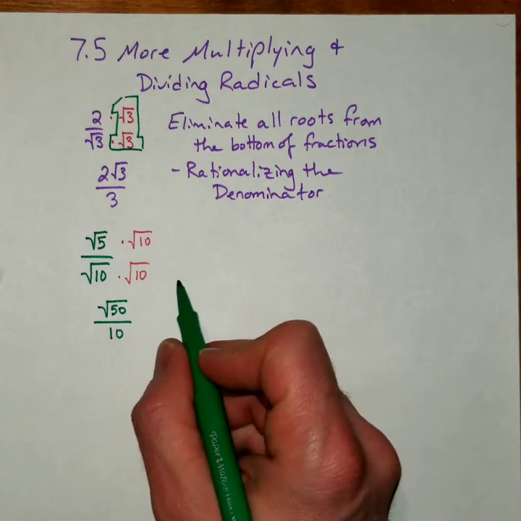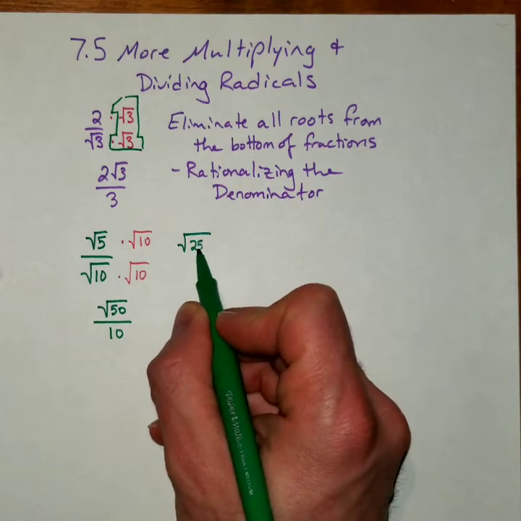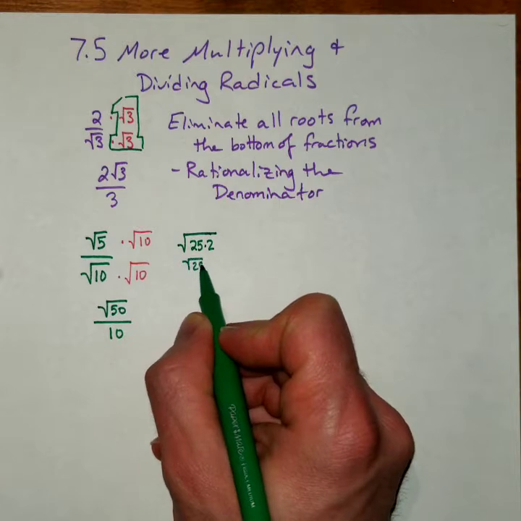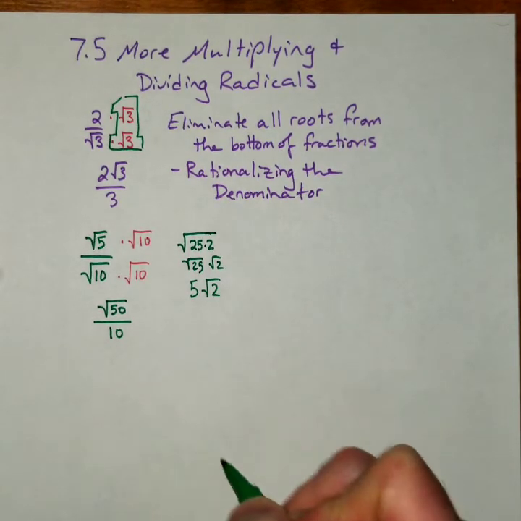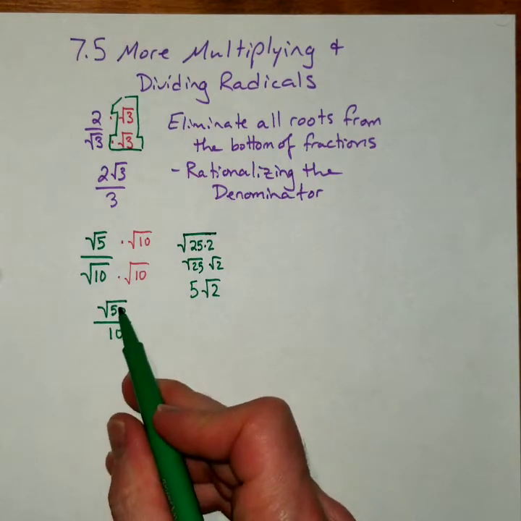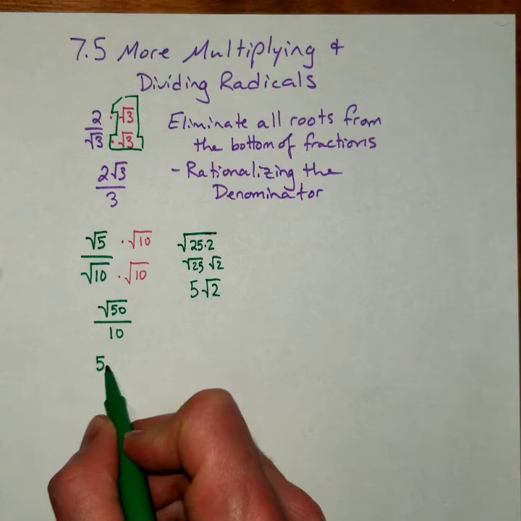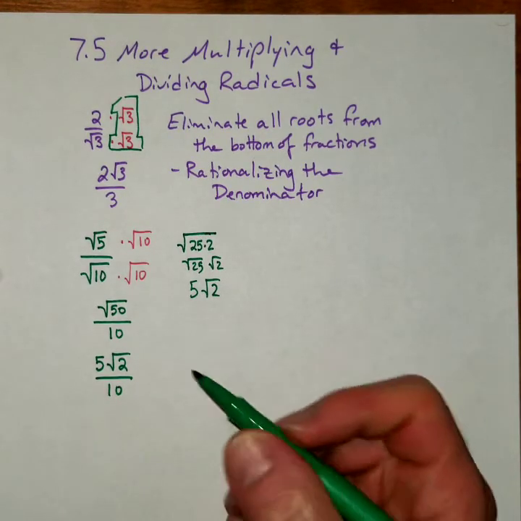So let me take this off to the side here for a moment. 50 is really 25 times 2. And the square root of 25 is 5, and the square root of 2 is just that, the square root of 2. So on top, this root simplifies to 5 times the square root of 2, and on the bottom we have a 10.